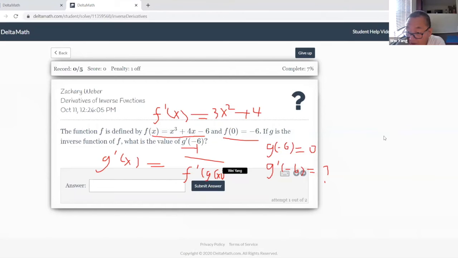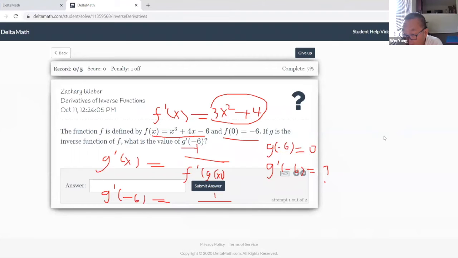Okay, so you can see here we are trying to find g'(-6). So this one equals 1 over this function's derivative. What do we get? Then you plug in g(x), x equals -3.